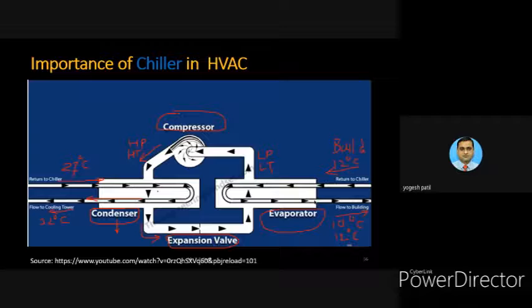The picture in front of you is an example of a water cooled chiller, and that is the most popular type. The diagram for fan type or air cooled chillers is somewhat different. There is no return line and cooling tower there. The heat exchange takes place with the help of a fan in this particular chiller section.